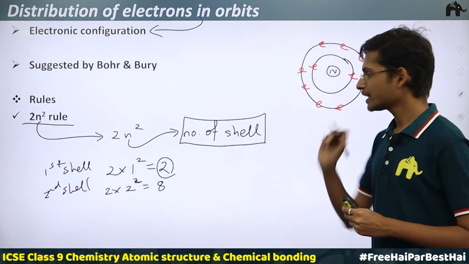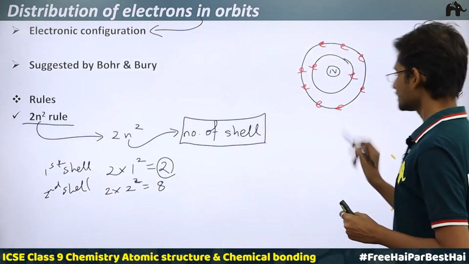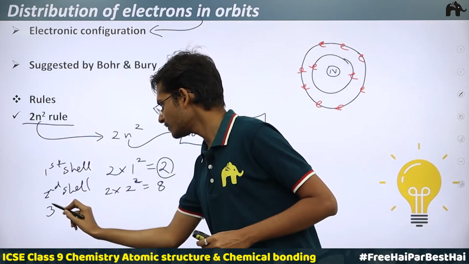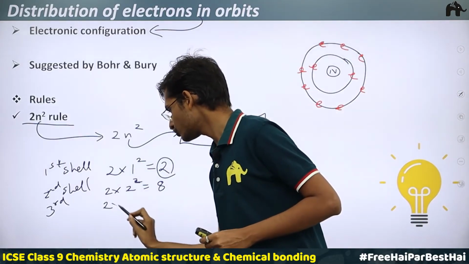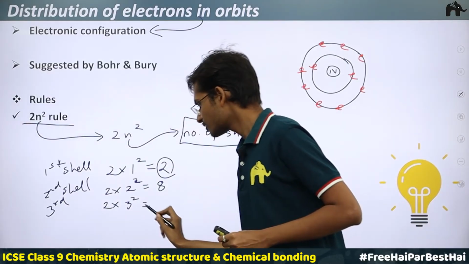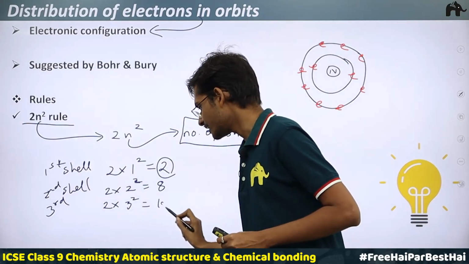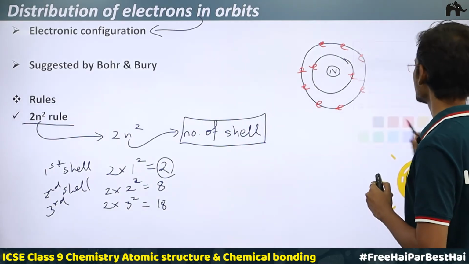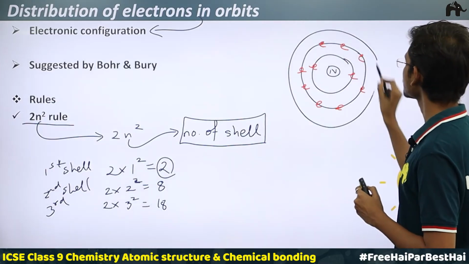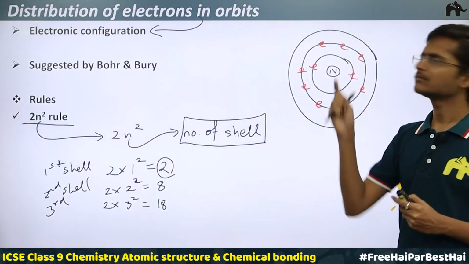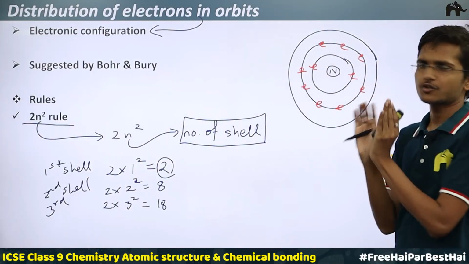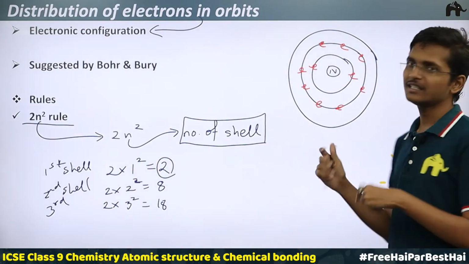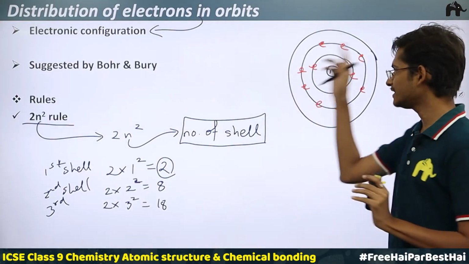Now moving ahead to the third shell, in the same manner. Third shell, 2 into 3 square. 3 square is 9, 9 twos are 18. A maximum of 18 electrons can accommodate in the third shell. So I'm drawing the third shell. Now it's pretty much understood, so I'm not going to write E 18 times.